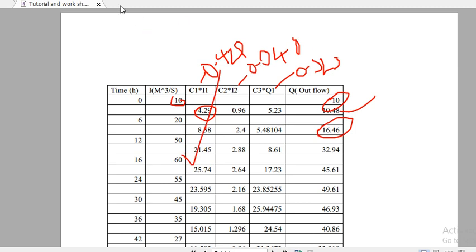Okay, then we can sum up these three values, so we can get 16.46.